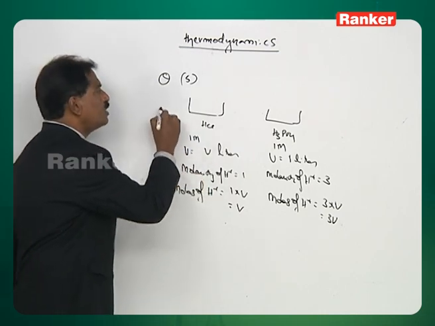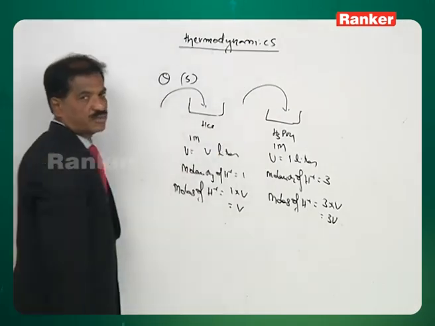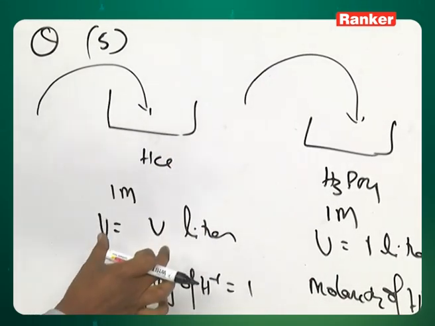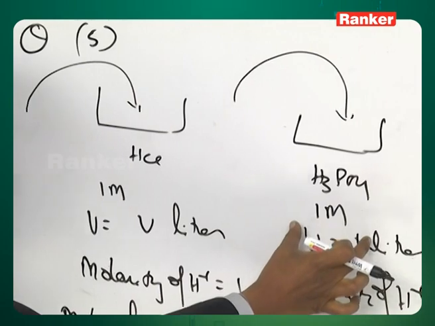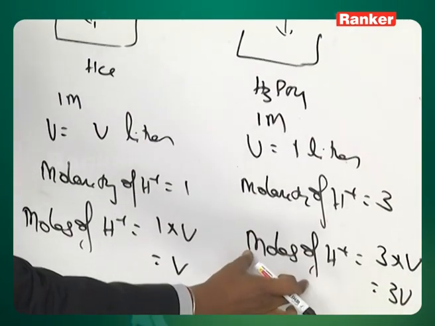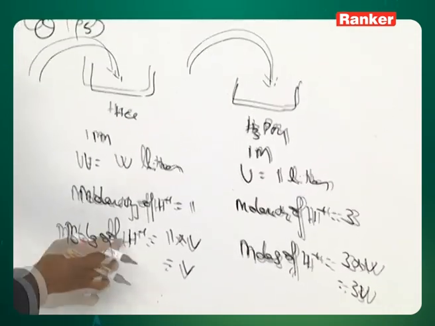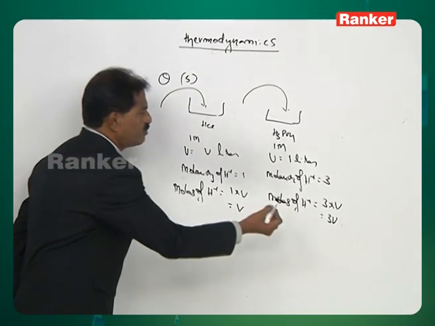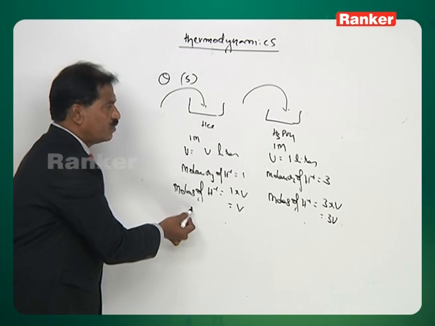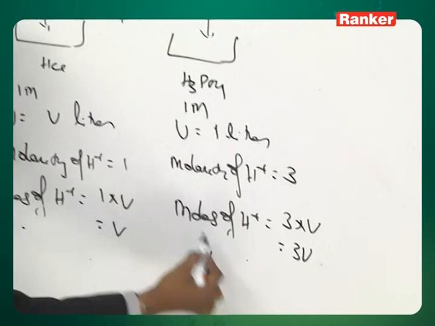Now if we add sodium hydroxide into both these acidic solutions separately, since more H plus ions are present here, a greater degree of neutralization takes place. Here more heat will be liberated. Here a lower degree of neutralization takes place, hence less heat will be liberated. Therefore, from the solution where H3PO4 is taken, more heat is liberated.